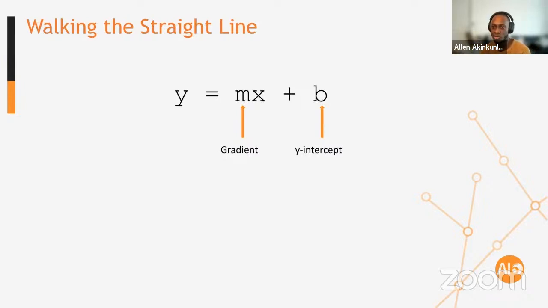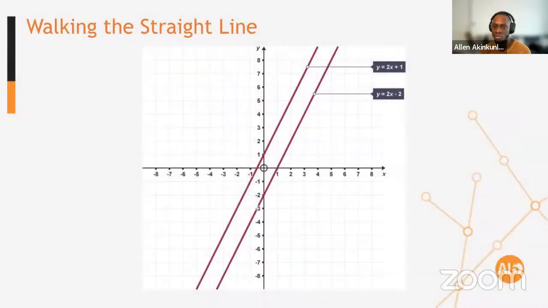So if I go here, these are two lines, right? And this one, for example, is y equals 2x plus 1. The y-intercept, if you look at this line here, crosses the y-axis at this point, 1 on the y-axis.